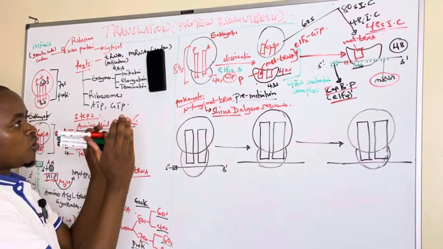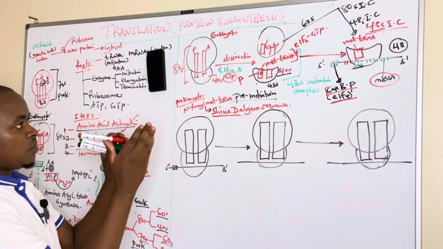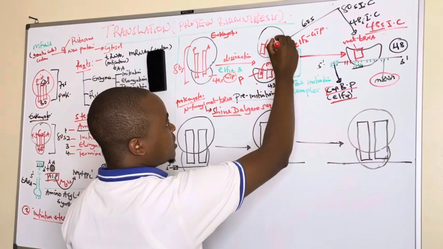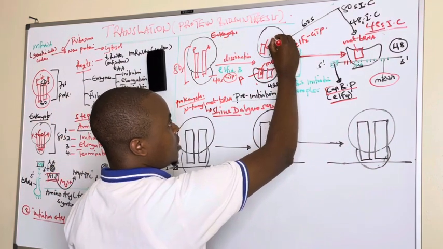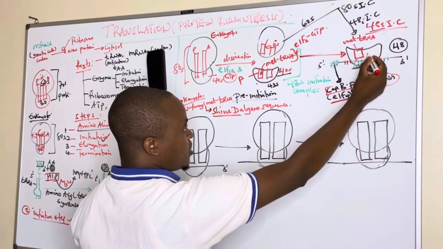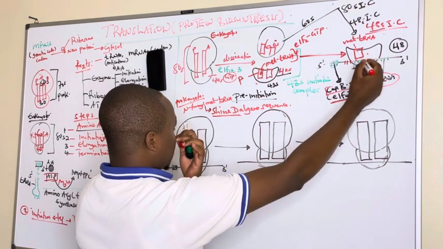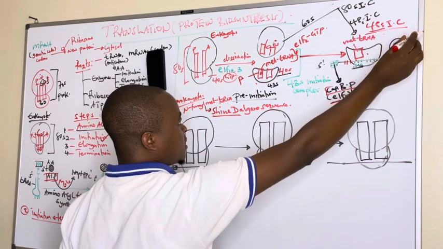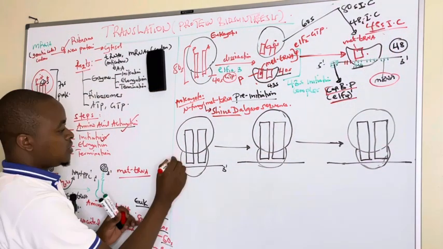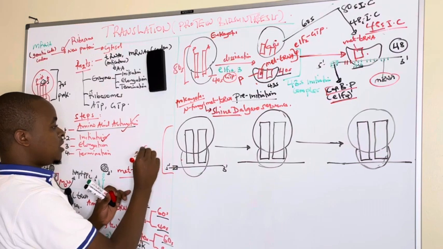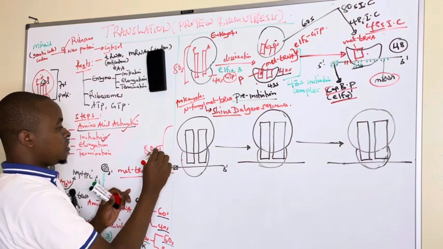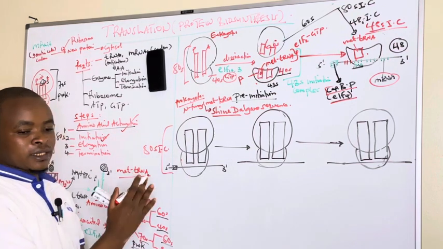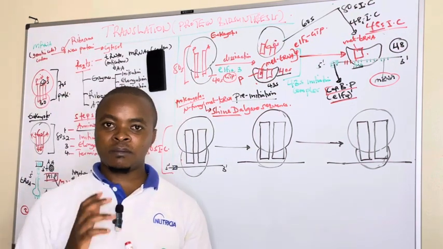So this is what we call the initiation step. So finally, when the 60S ribosomal subunit combines with the methionine transfer RNA complex after binding of the messenger RNA to form the 48S initiation complex, this is what we call the 80S initiation complex. And that is the one that marks the end of the initiation step.